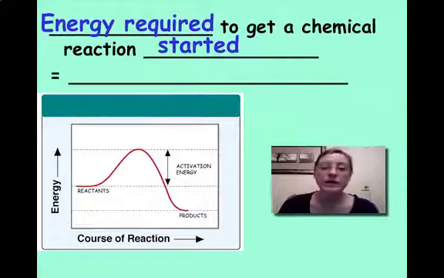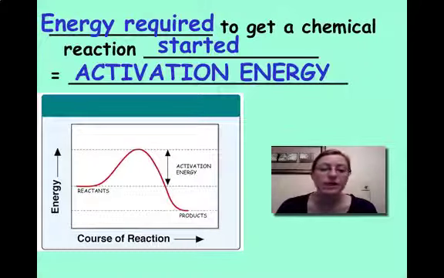Alright, so let's talk about chemical reactions. This should look very familiar when we look at this graph. We just talked about it in our last video. As we go through a reaction and we go from reactants to products, there's a certain amount of energy that is required. Okay?